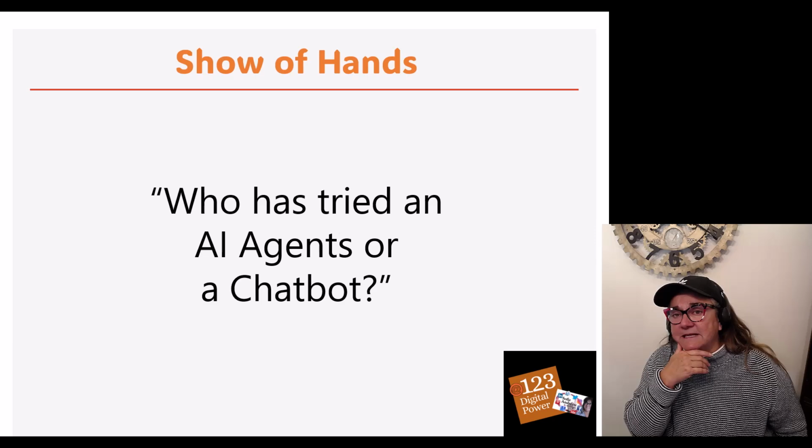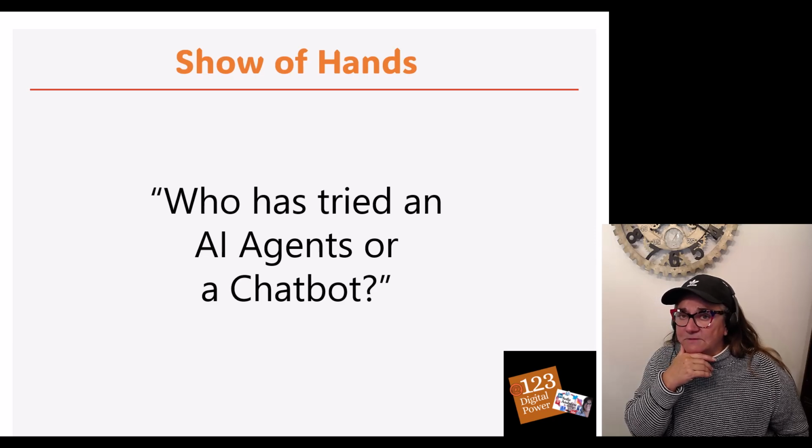So if it's something that is repetitive at least 5 times through a day, you should consider taking a step back and creating an AI agent for that, what we're calling a workflow. And I'll show you how we do that shortly.